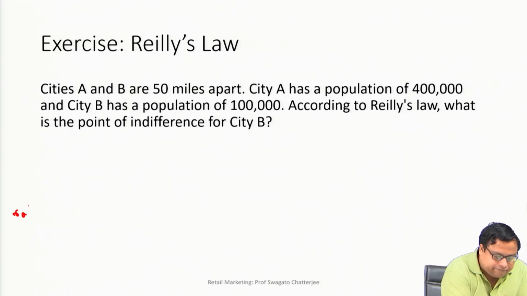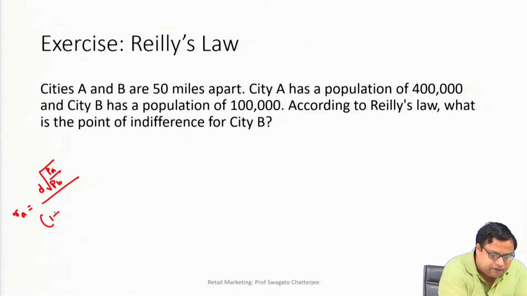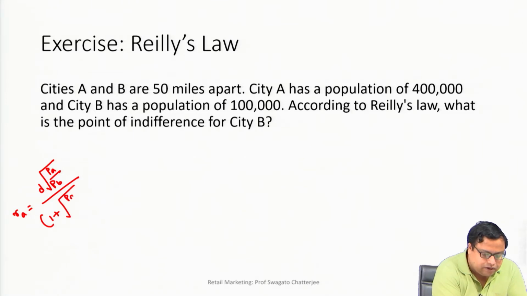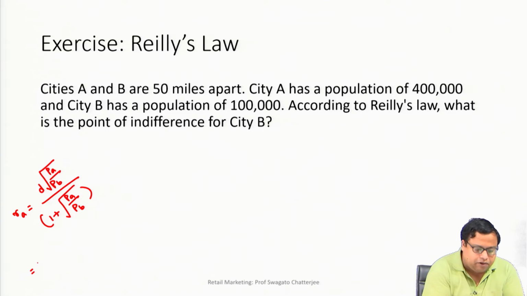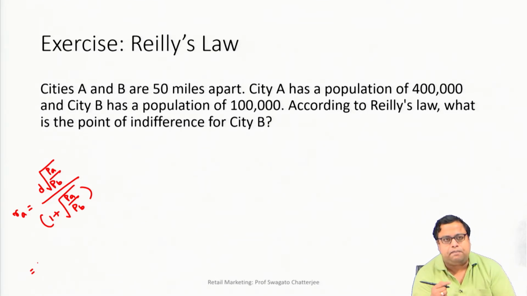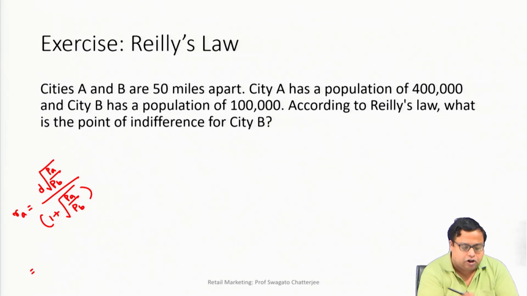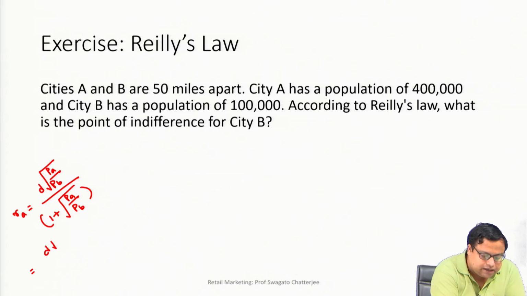RA is equal to D, the distance, into root over PA by PB divided by 1 plus root over PA by PB. That is what I wrote. It can also be written, if you multiply root PB at the top and at the bottom, as root over PB plus root over PA.